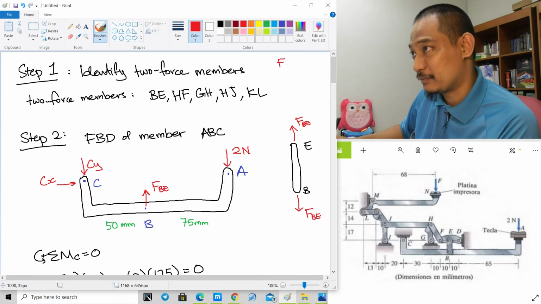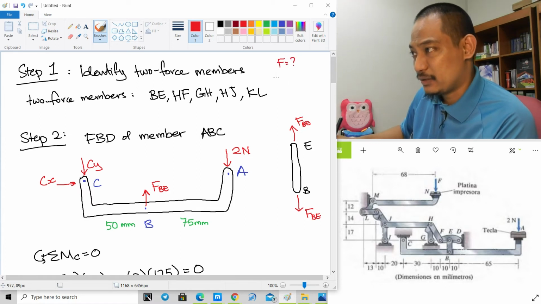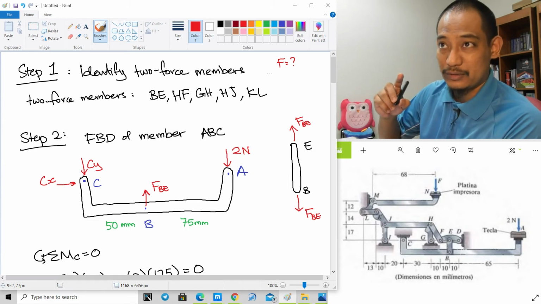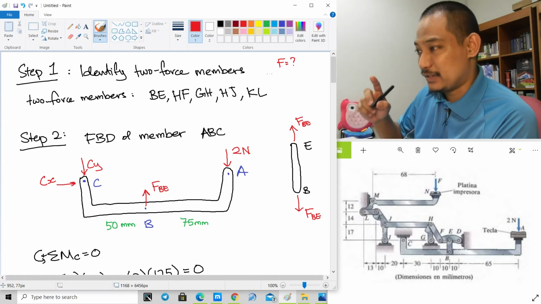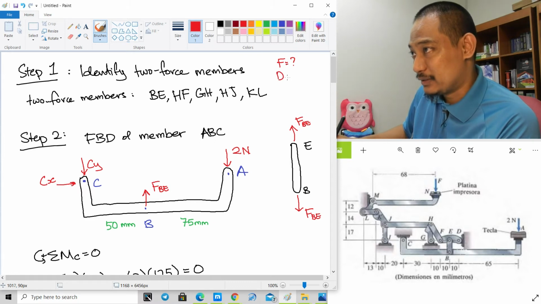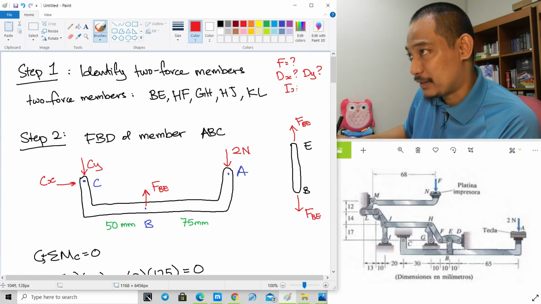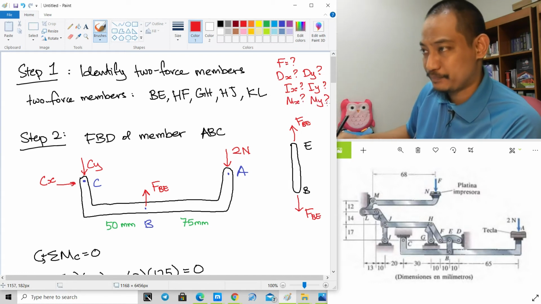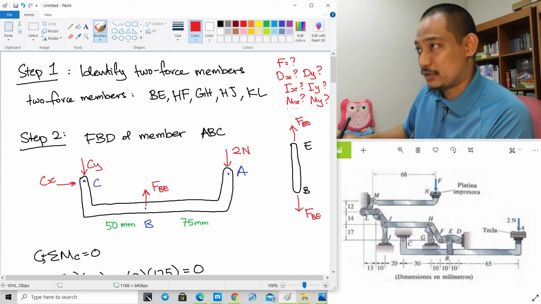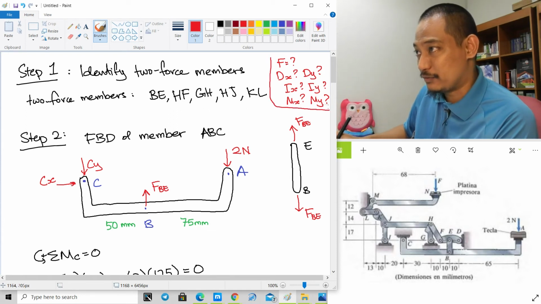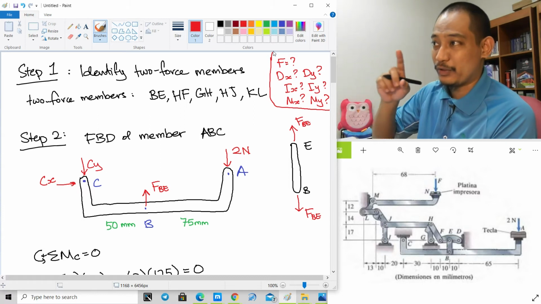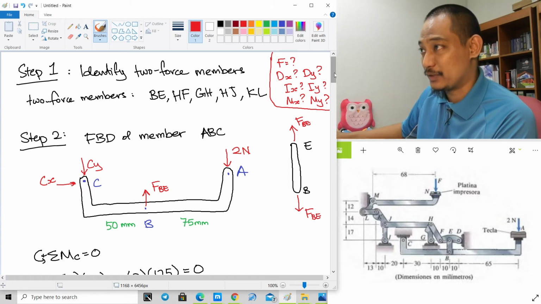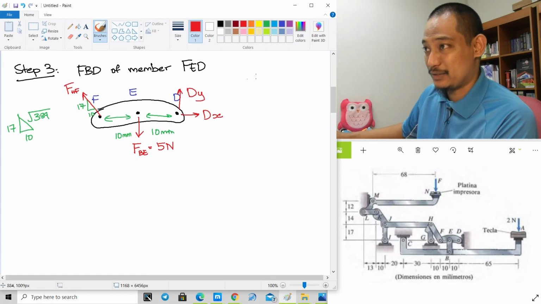And question 1 asks for the support reactions at points D, I, and M. So what is Dx, what is Dy, what is Ix, Iy, and then Mx, My? This is what we need to solve. Considering this, at point D we actually need Dx and Dy.